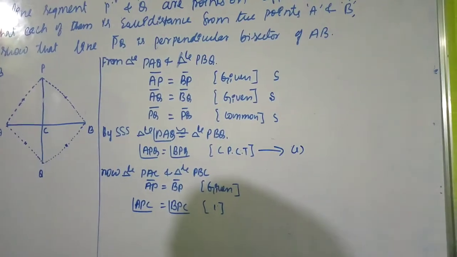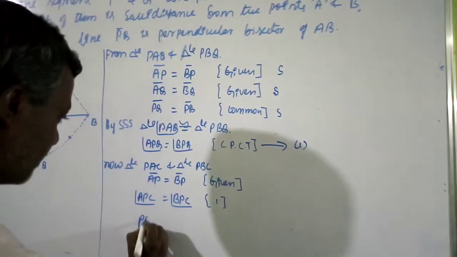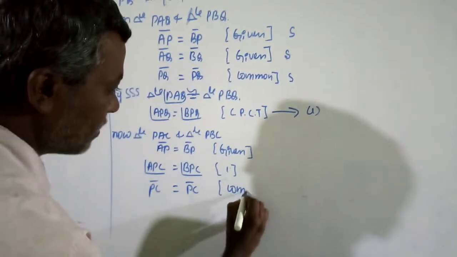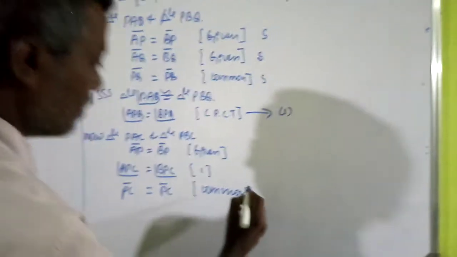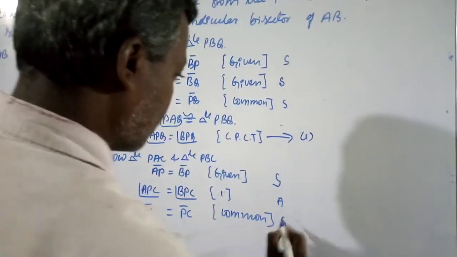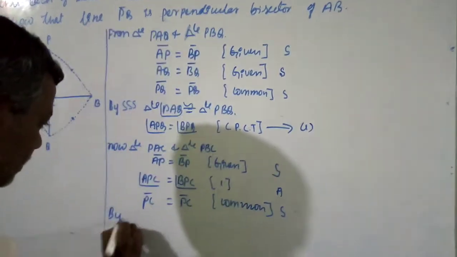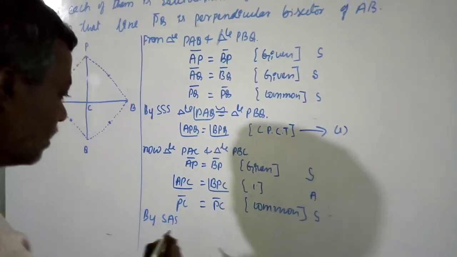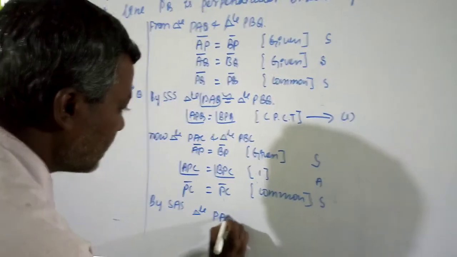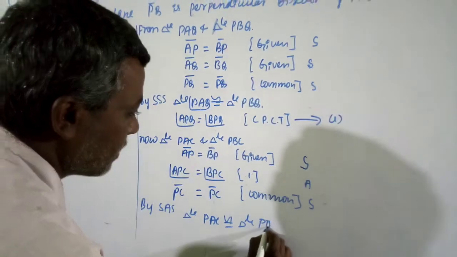Okay, so next side PC is equal to another side PC. So this is a common side. So this is S, this is A, this is S. Okay, so by SAS congruence rule, triangle PAC is congruent to triangle PBC.